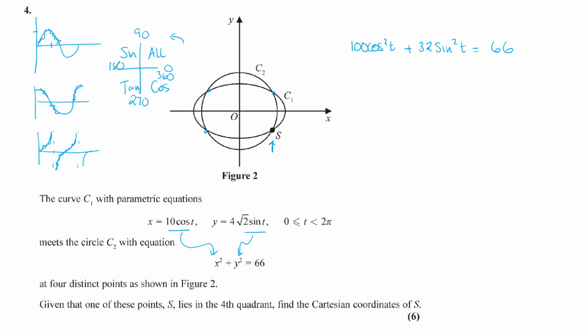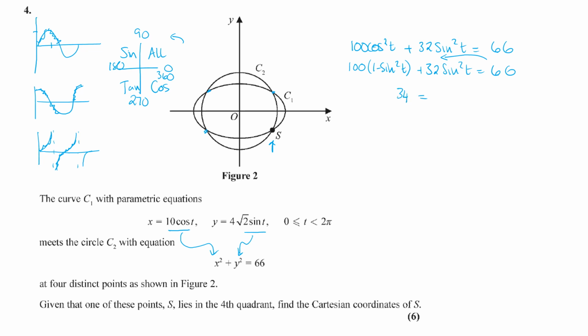Then if I replace the cos squared t with 1 minus sine squared t, and then tidy up, I'm going to get minus 100 plus 32, and I'm also going to get plus 100. So if I bring the 66 over this side, I'm going to get 100 minus 66, which is 34.